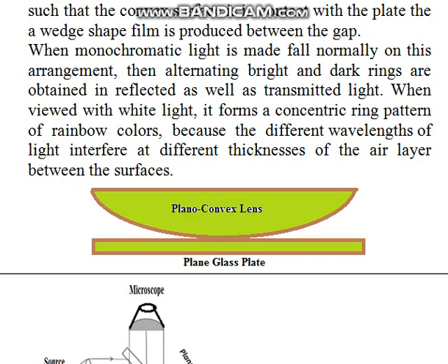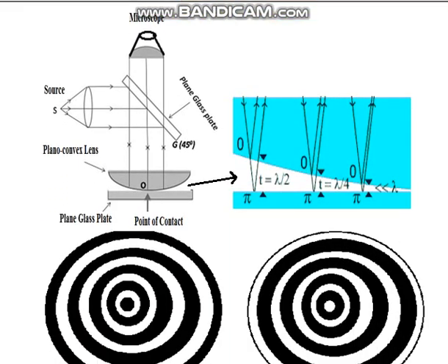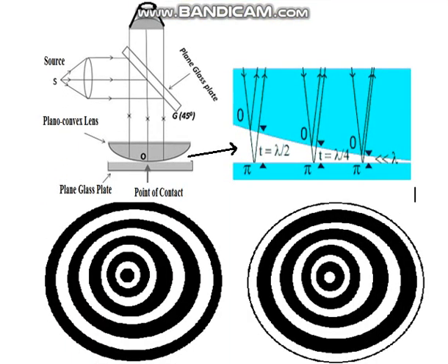Now let's see the experimental setup for the Newton's ring. This is the plane glass plate, this is the plano-convex lens placed on the plane glass plate, and here is the monochromatic light source. Basically it is a point source, but by the help of a lens we convert the point source into an extended source.